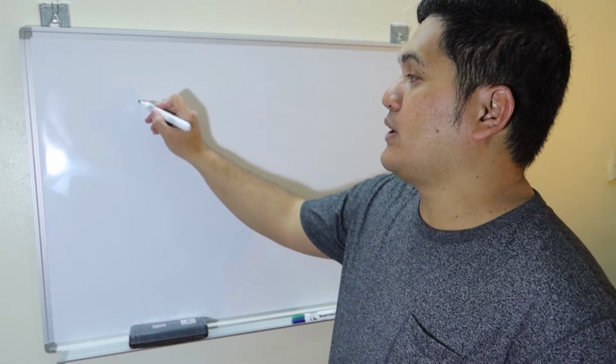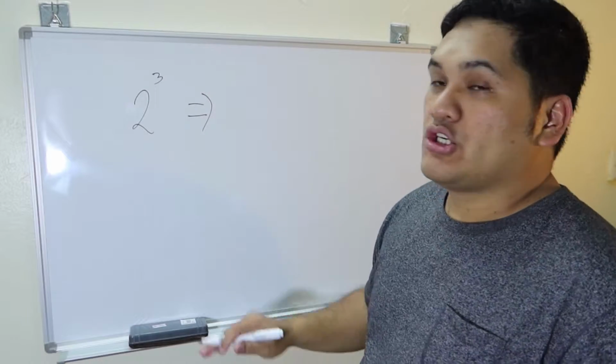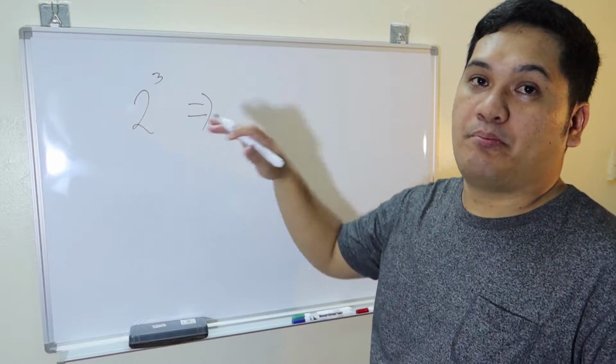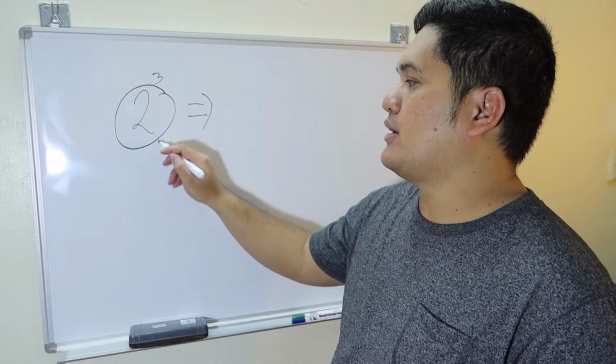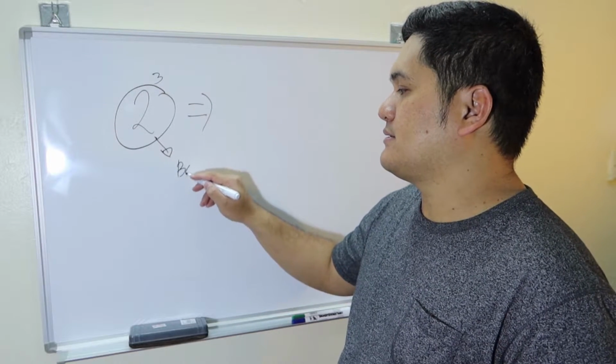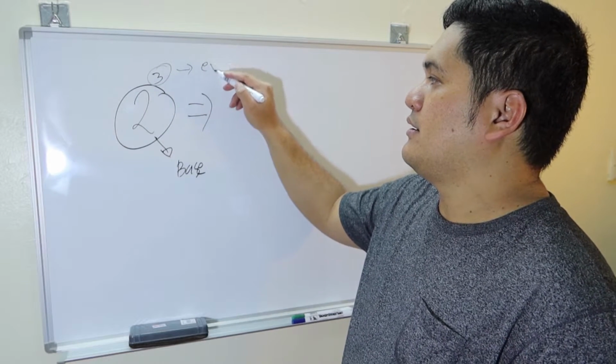Okay, and then let's identify the parts of an expression or a number raised to a certain power. Say for example, if you have 2 raised to 3, your 2 here is your base. So remember, this 2 is your base, and 3 is your exponent.